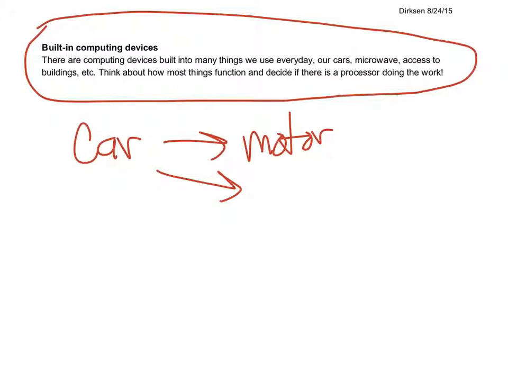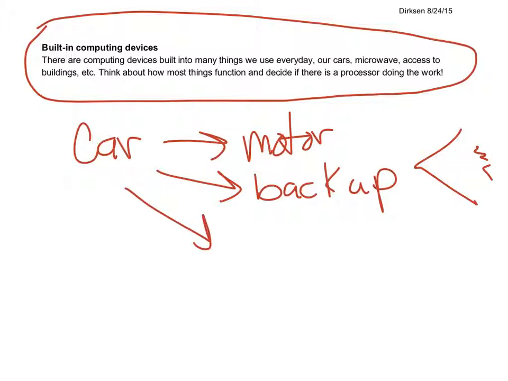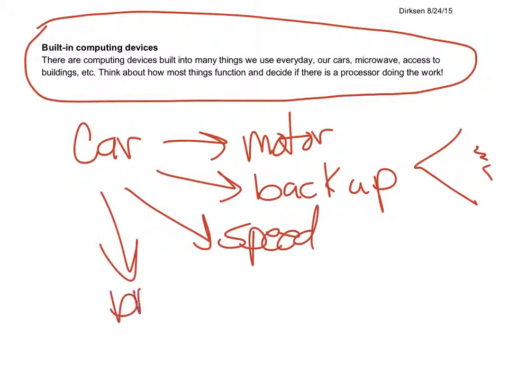You have a backup camera that watches, some vision behind you, looking for things inside a car. It manages the speed, and how the brakes work. And one that's crucial, airbags.